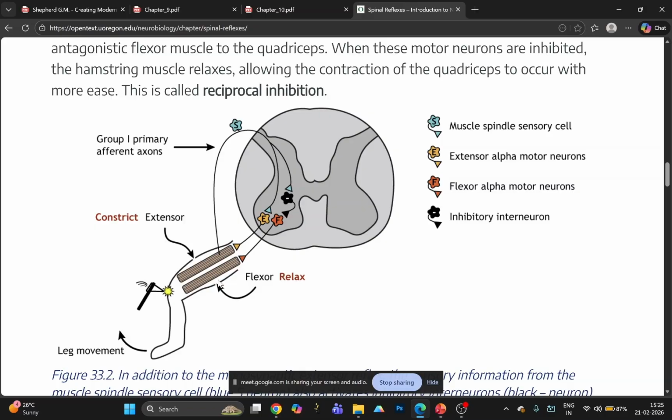The hamstring will be in a relaxed state. That will make it easier. So the hamstring will be relaxed, the quadriceps will contract, and the leg will move. This is something that we now know as reciprocal inhibition. So this is also one of the synaptic pathways that Eccles discovered.